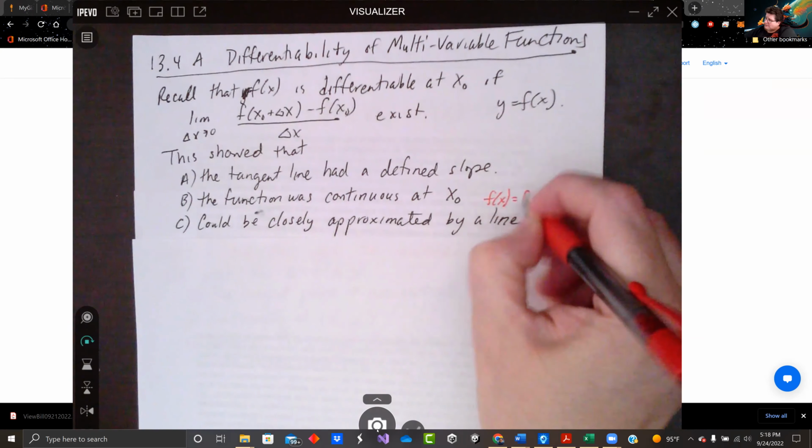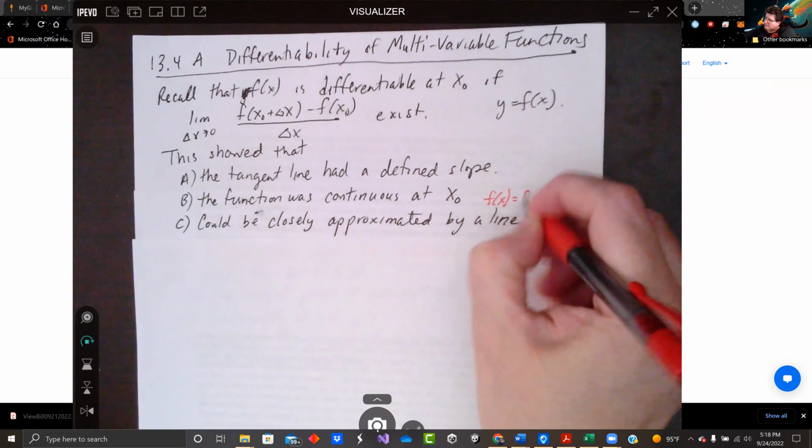We can compare that to delta x, and we want it to be a lot smaller than delta x. So let's take a look at that. We've got the limit as delta x goes to 0 of our increment of f minus that approximation, f prime of x naught delta x.